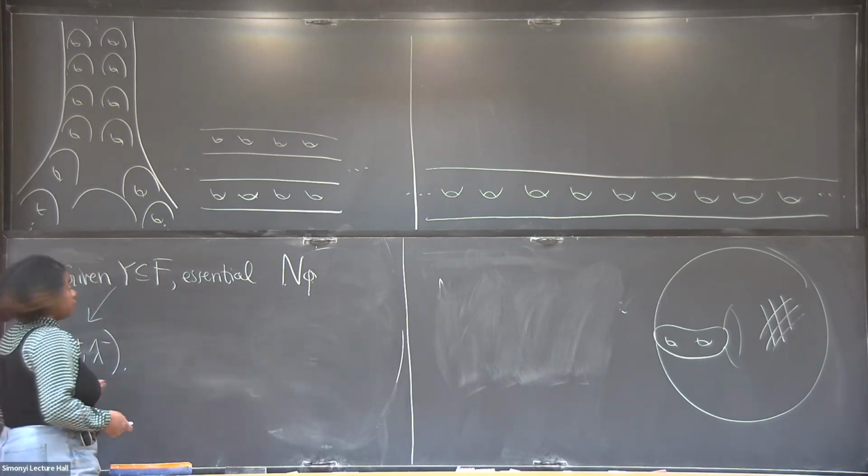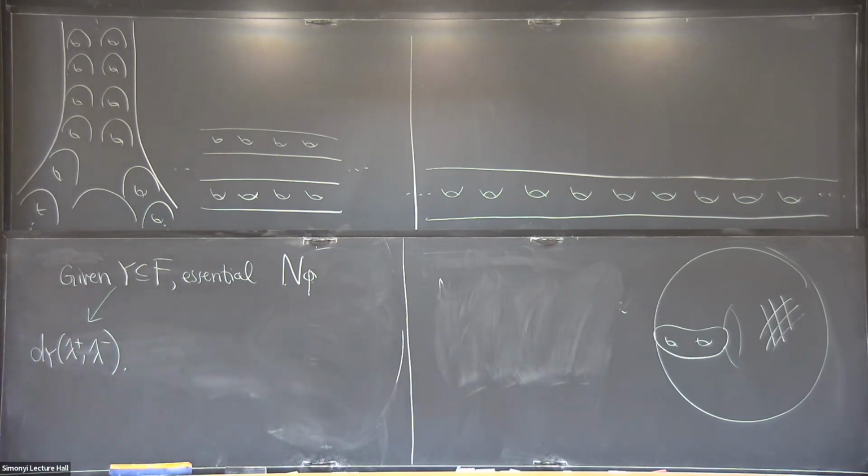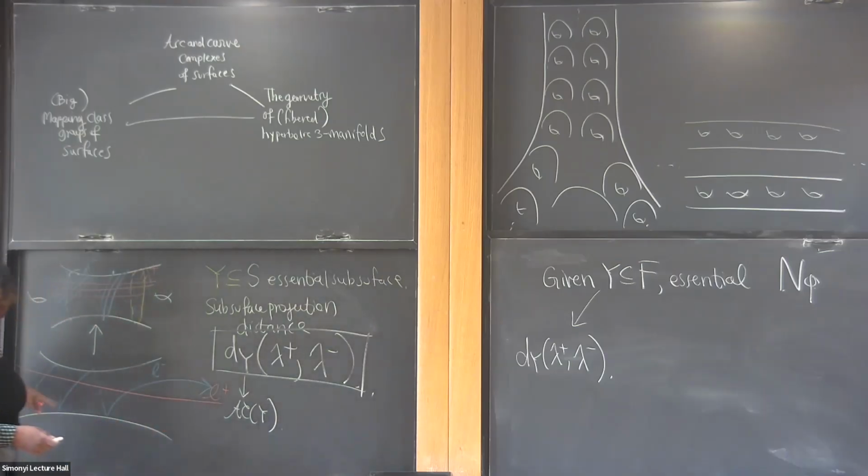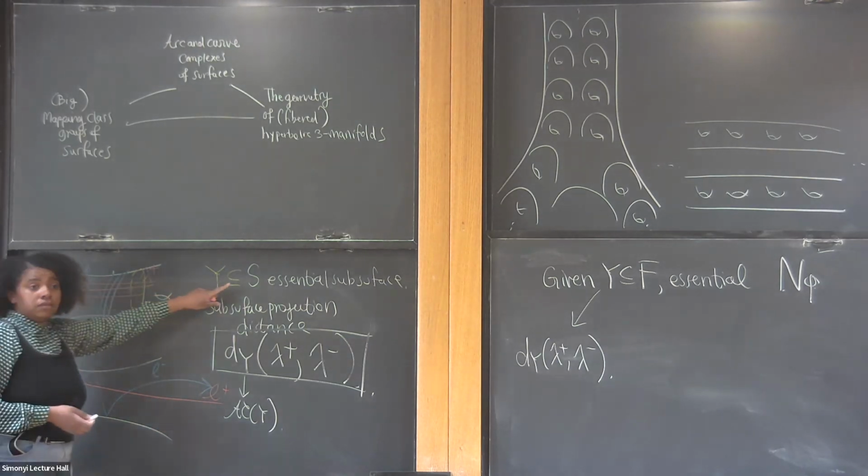Sorry, can you just, I didn't quite understand what this distance is. Oh, yes. Okay, let's just go back to the annulus here. In the annulus, it literally is how many times these arcs are intersecting in Y. But in general, I can take any subsurface.